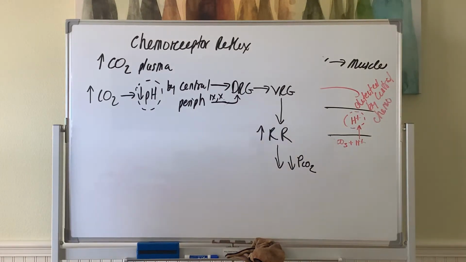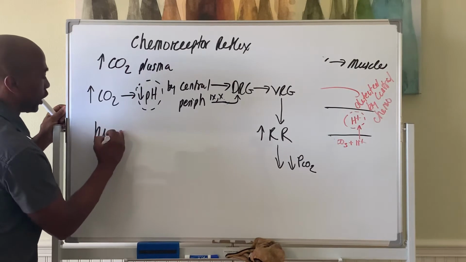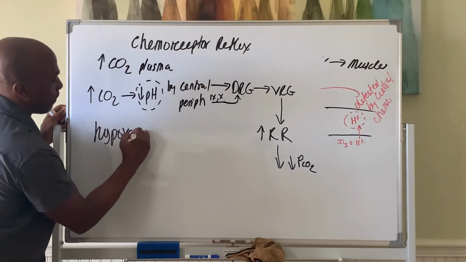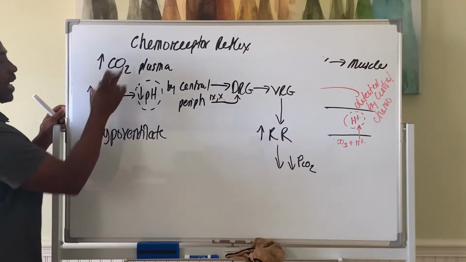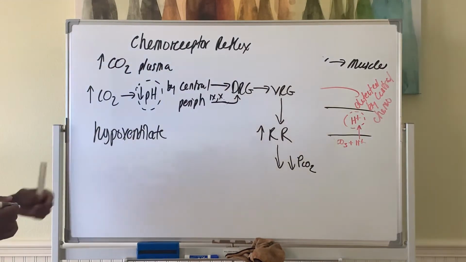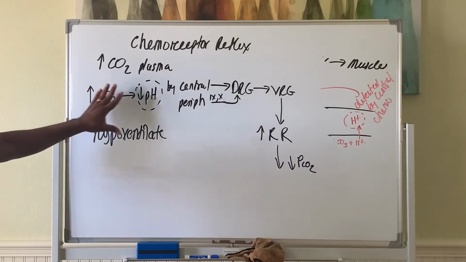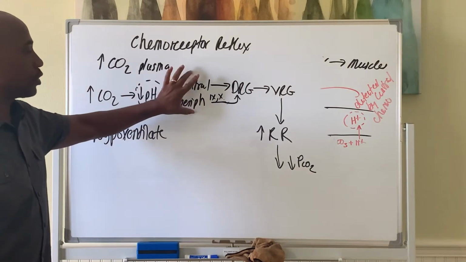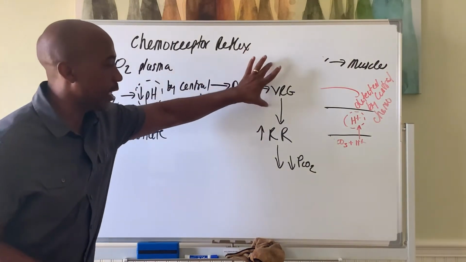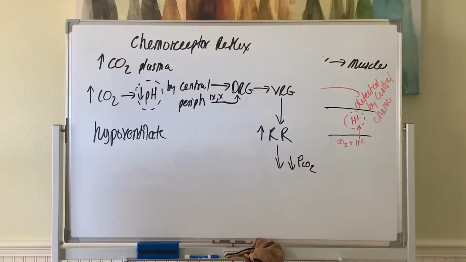All right, this happens in what's called hyperventilation typically. When you hyperventilate, meaning you're not breathing fast enough to match your metabolic needs for oxygen or to get rid of CO2, that will drive this process: CO2 goes high, pH drops, receptors tell the VRG to breathe faster, and that way the levels of CO2 fall back down.